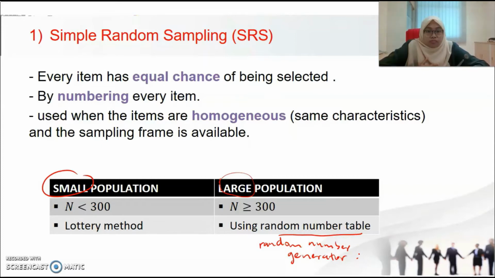Actually, you can Google this random number generator. There are a lot of websites that provide us with random number generators. Instead of using a random number generator that already exists on Google, you can also use the random number generator in Excel.